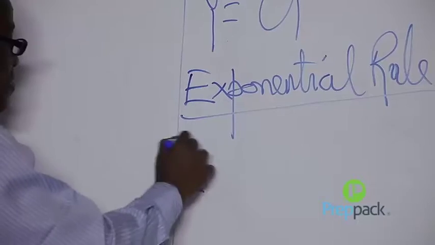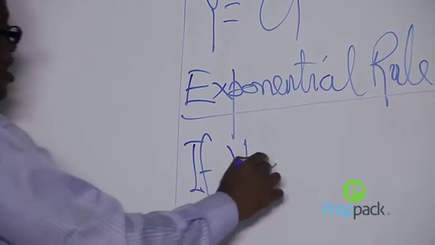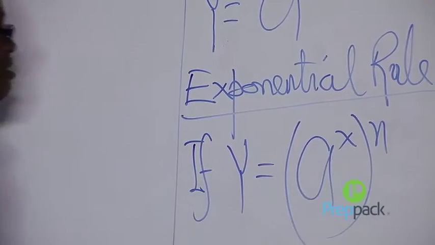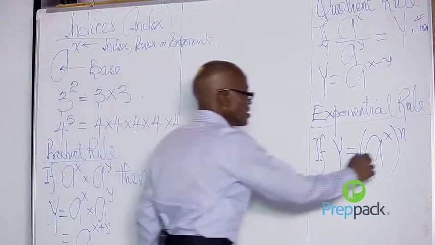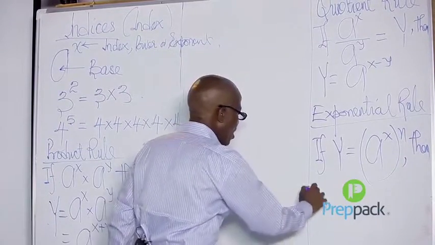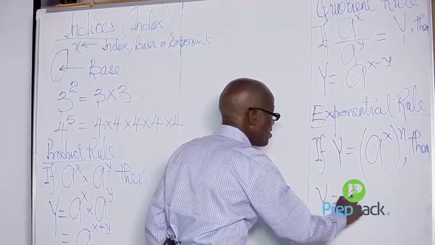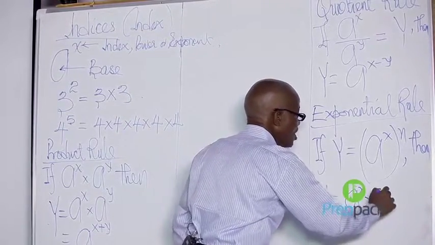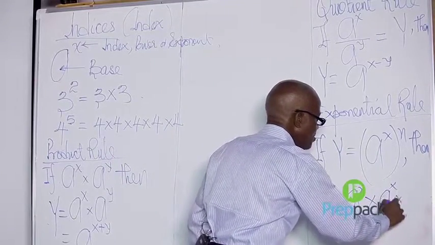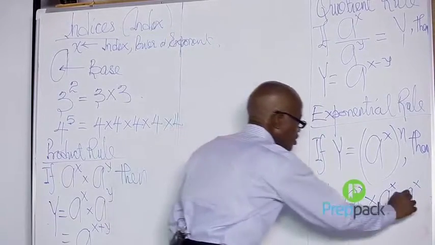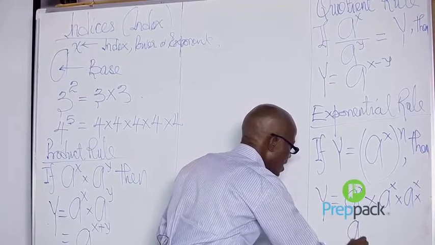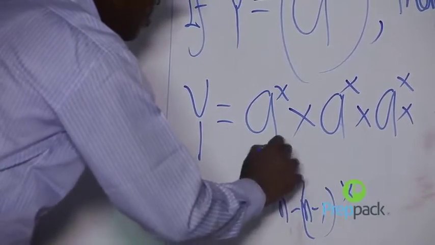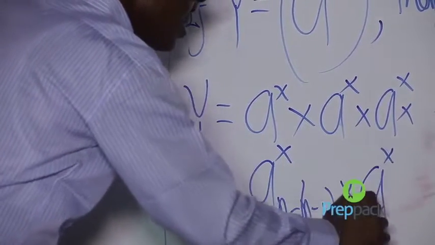If I have Y equal to A raised to power X, and everything now raised to power N, then Y is equal to A raised to power X, times A raised to power X times A raised to power X, continue like that up to A raised to power X, N times.